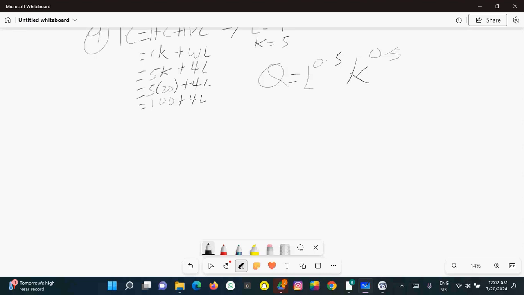And then they are telling us that K is fixed at 20. So now this is letting us get the production function of L^0.5 times 20 raised to the power 0.5.